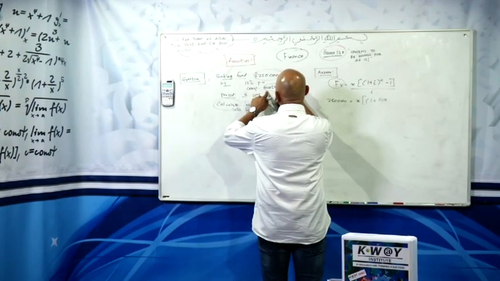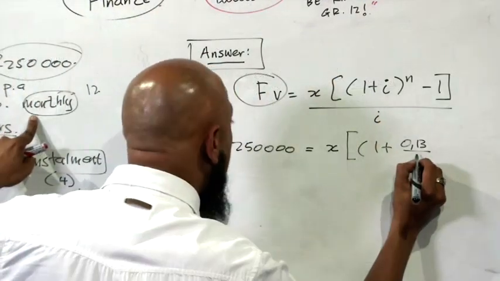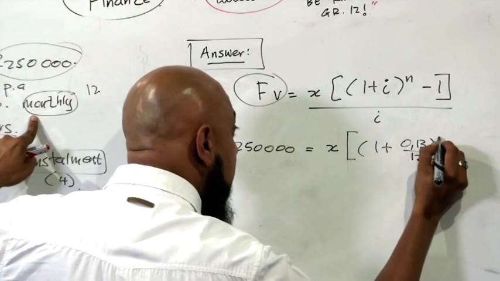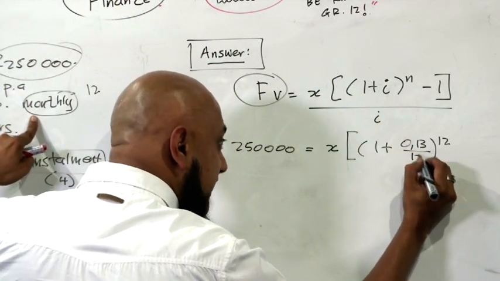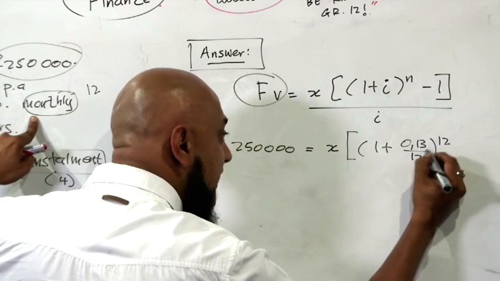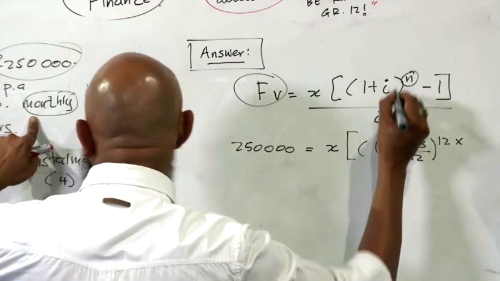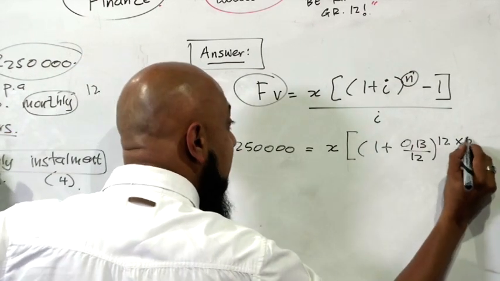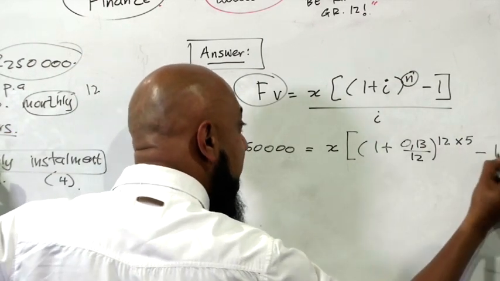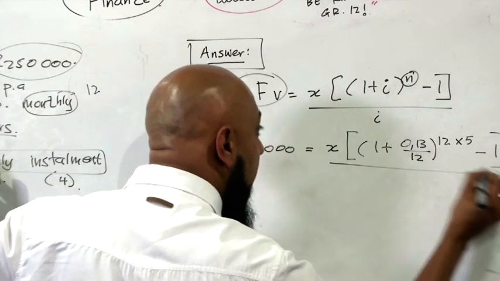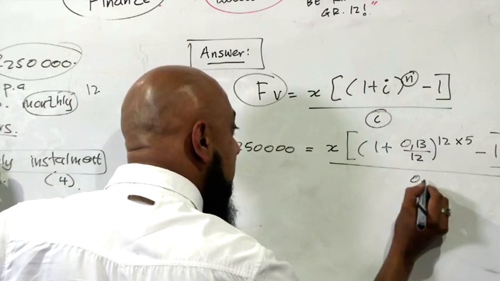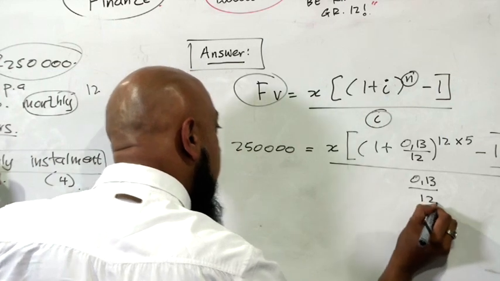How many months in the year? 12. So 0,13 over 12 to the power 12. Remember, if you divide your interest rate by 12 for compounding, you multiply your power by 12. So 12 times n, how many years? 5 years. Minus 1, all over i, 0,13 over 12.